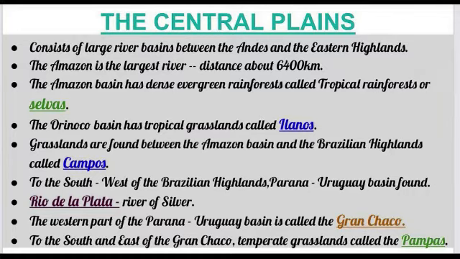Now we can look at the features of the Amazon basin. In your textbook, it is already written there. The climate of the Amazon basin is hot, humid and very wet throughout the year. These forests have several layers of vegetation. Different types of trees and plants are found in this basin.